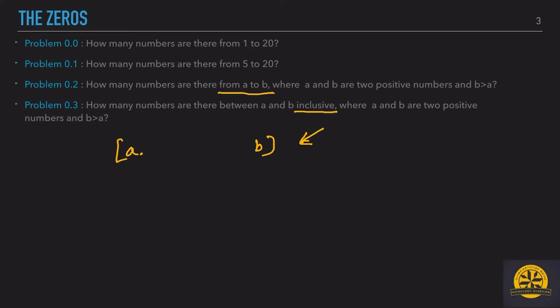So essentially, B minus A plus 1 is also the answer here. Time for the next one.